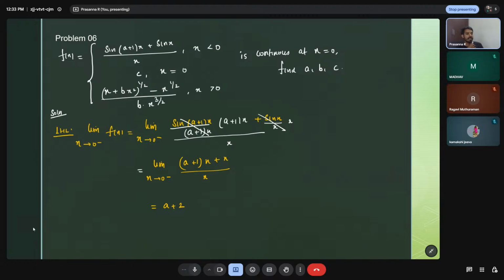That discontinuity can be classified into 4 types, right? So removable means both LHL and RHL are equal, but it is not equal to the function value, right? And discontinuity of first kind means LHL and RHL both exist, but they are not equal. Okay.